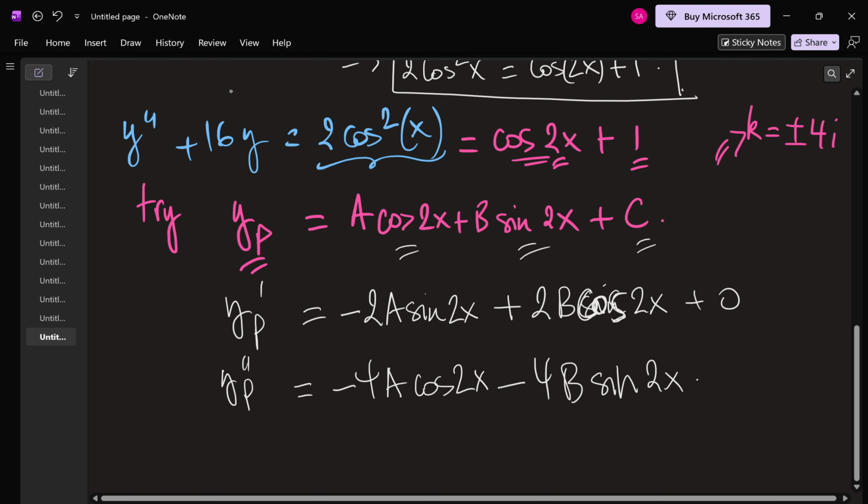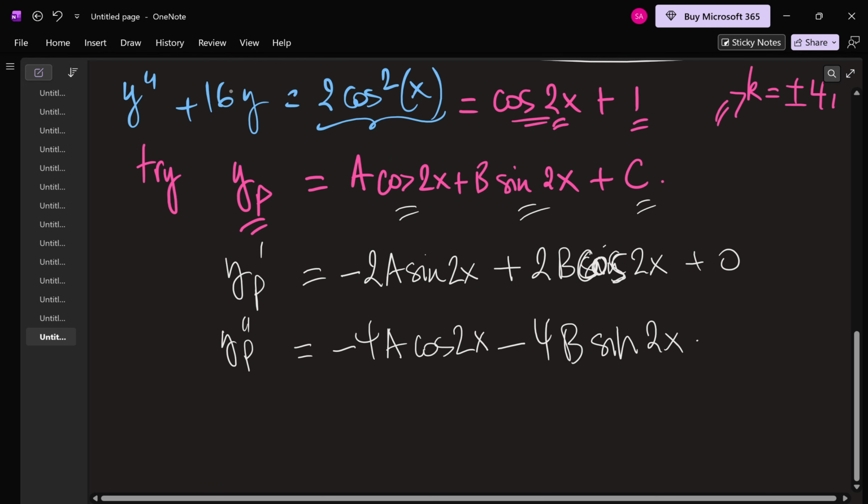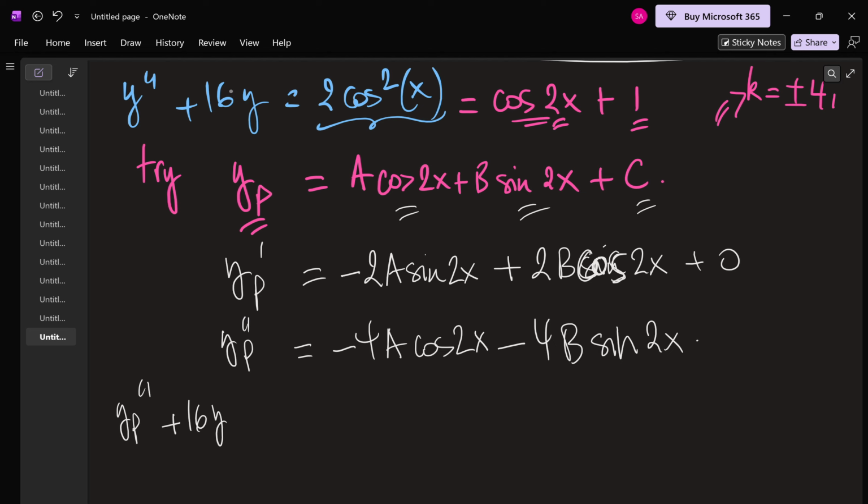Now we substitute in our equation. So what you get is yp double prime plus 16 yp.